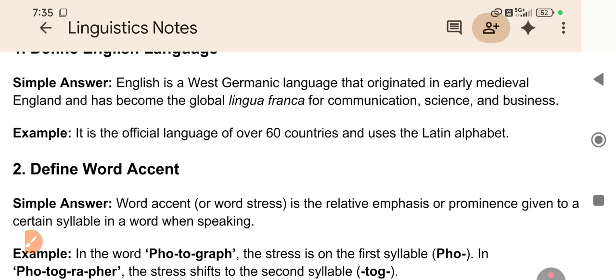The tendency was that we used to stress the long vowel when we spoke, so that shifted to small or short vowels. That was the big change, and the new language was known as Modern English. So this way you can elaborate the question according to the marks.